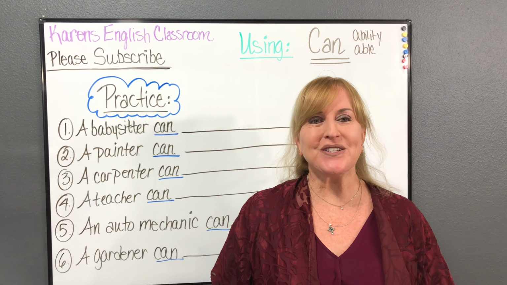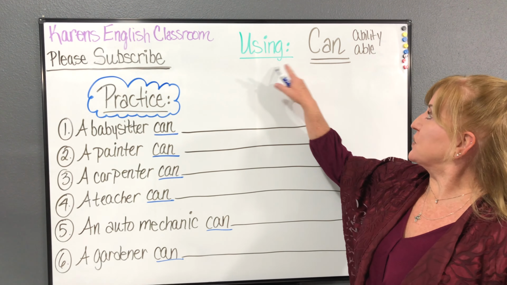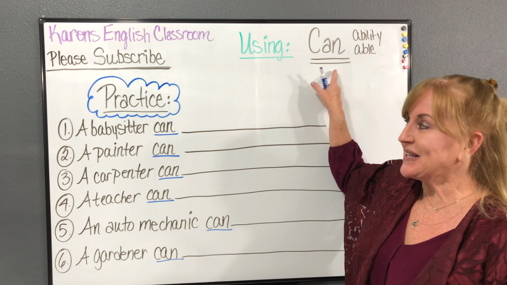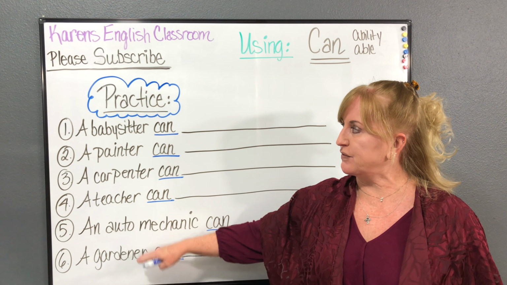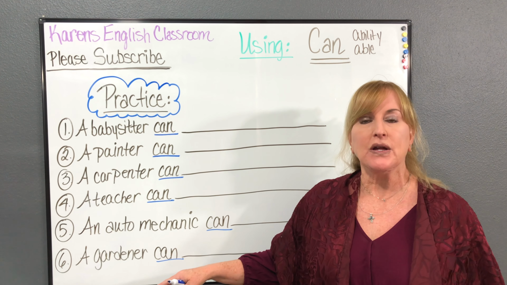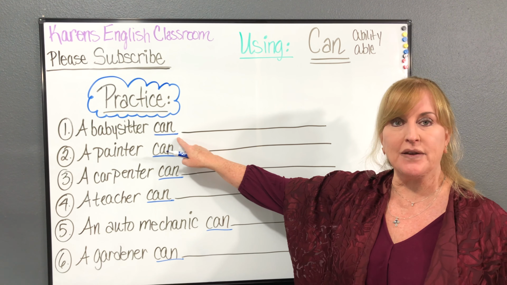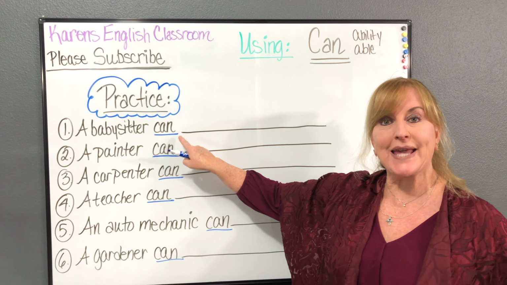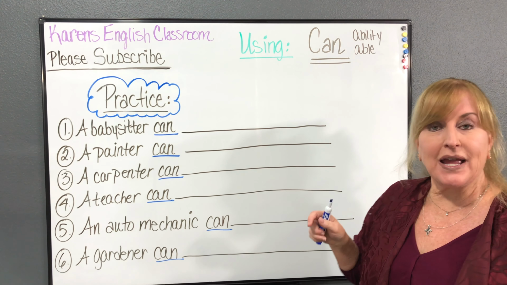Okay, class, we're going to do a practice right now about using can, okay? So I put down some examples of jobs, different jobs that people may or may not have, all right? And we're going to do a practice and we're going to use can. Okay, so remember, class, can is ability and able.